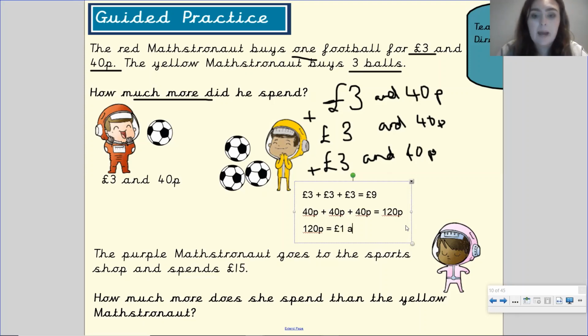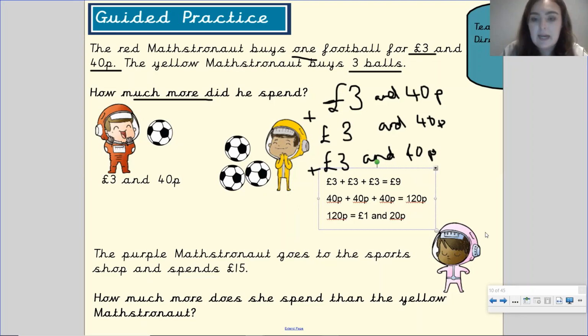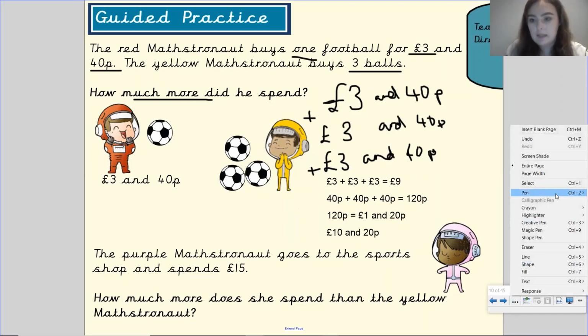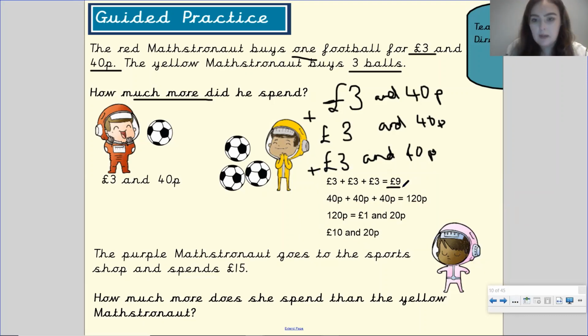Well done, £1 and 20 pence, because 100 pence is the same as £1. And now what we need to do is add that together. So £9 add £1 is £10 and 20 pence, because we've added together the £9 from here and the £1 and 20 pence from here. So it gives us £10 and 20 pence.